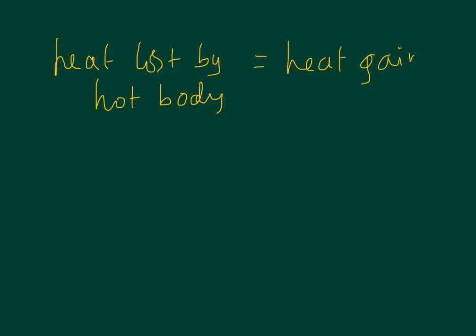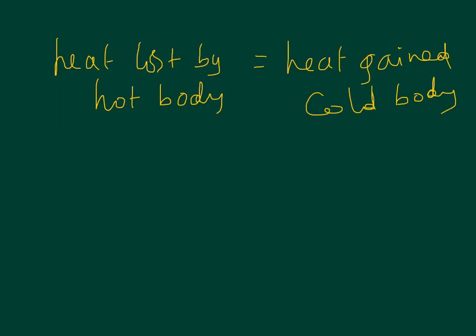We are very much happy with this phenomenon, because we already know clearly that however much heat is lost by the hot body, that heat is gained by the cold body. There is no loss of heat to the surroundings or any other places. Whatever heat is lost by the hot body, everything is gained by the cold body.